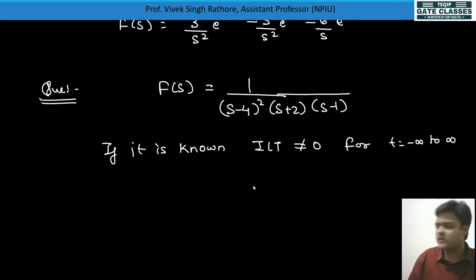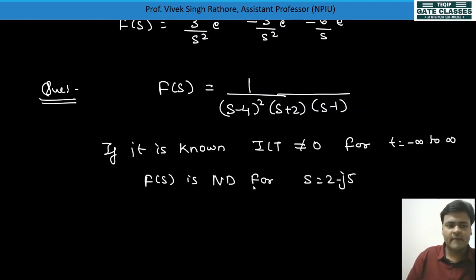And it is also known that F of s is not defined for s equal to 2 minus j5.